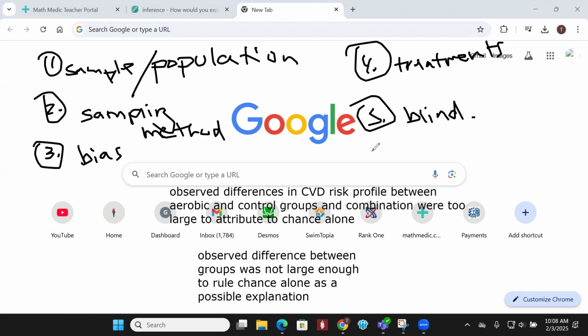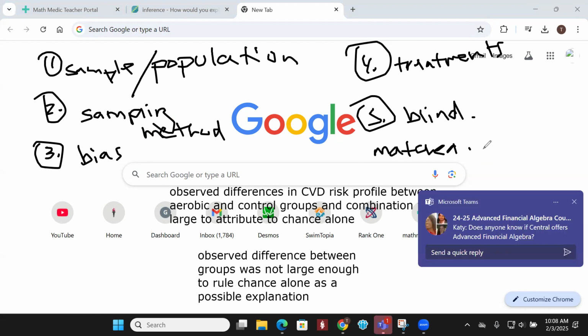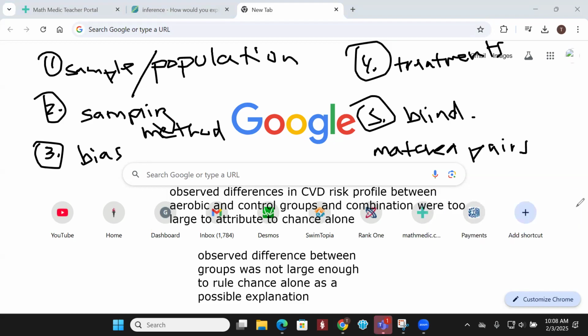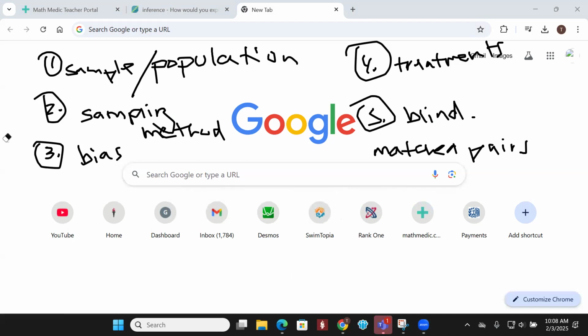You know about matched pairs. Randomized block design. So what do you need a block for? Understanding conclusions.